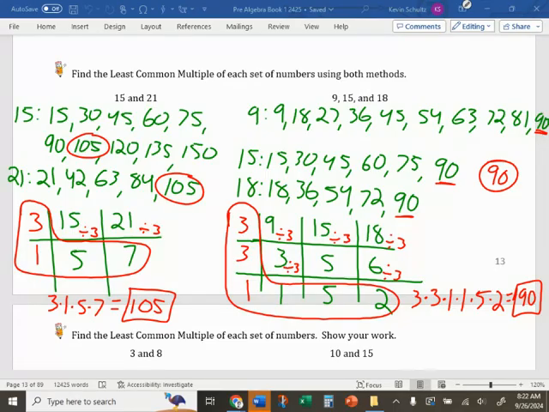Like if it's 1, 5, and 2 here, we wouldn't divide the 5 by 5 because there's nothing else we can divide by 5 with. So if there's only one number that can be divided, no. Otherwise, yeah, correct. All right. Other questions?